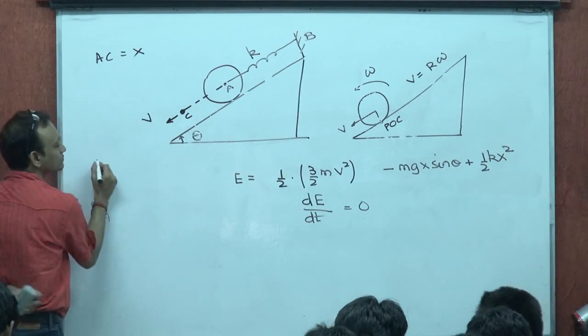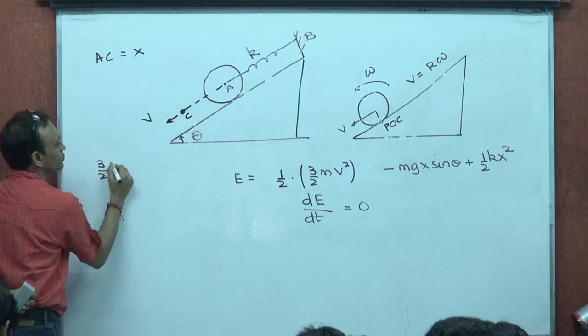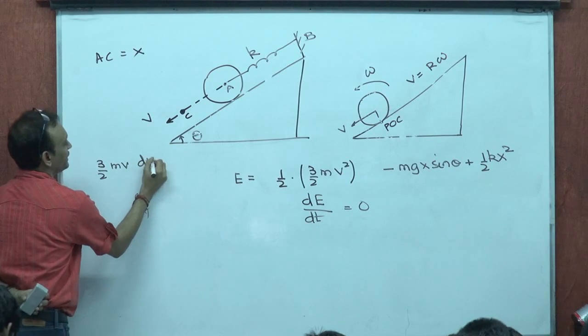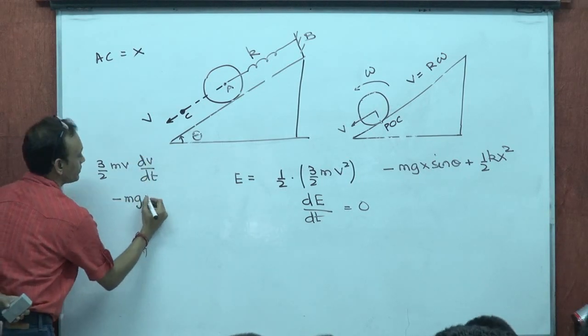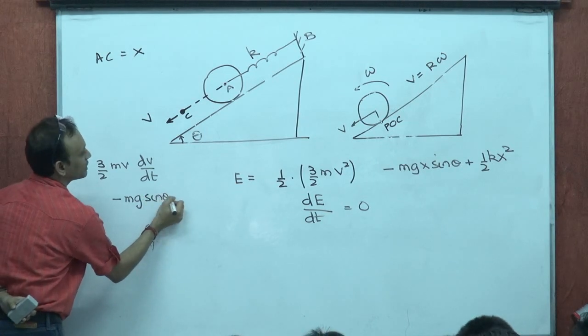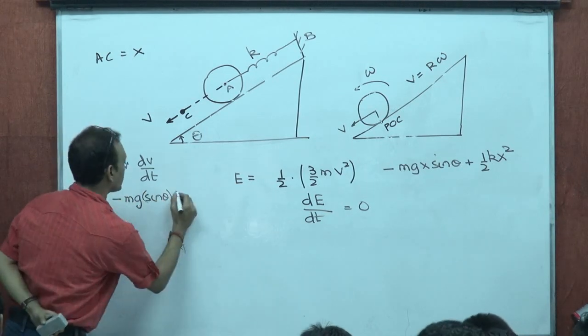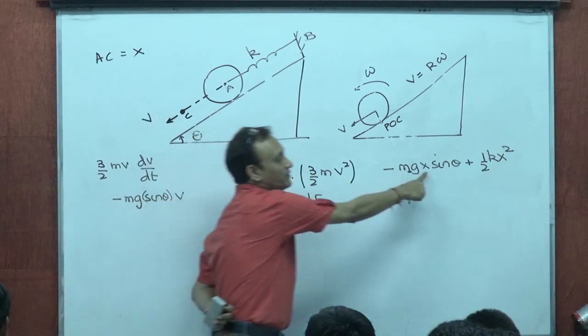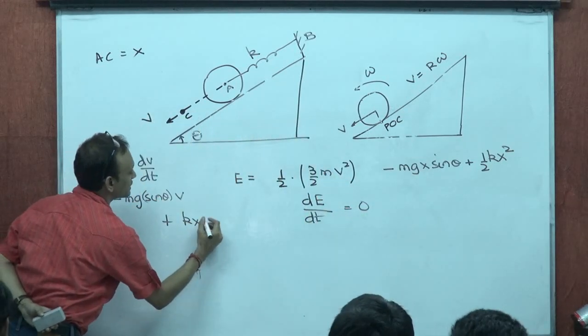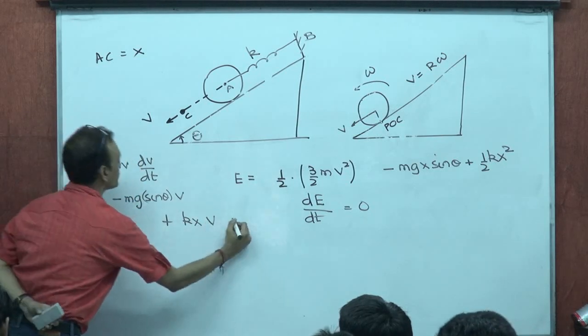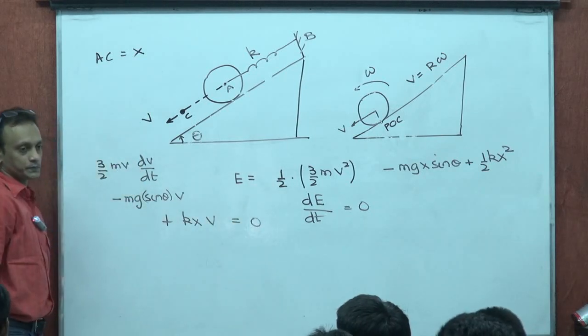Which gives me 3 by 2 mv dV dt minus mg sine theta dx dt. Dx dt is V, plus kx dx dt, which is V. This must be 0. How about it?